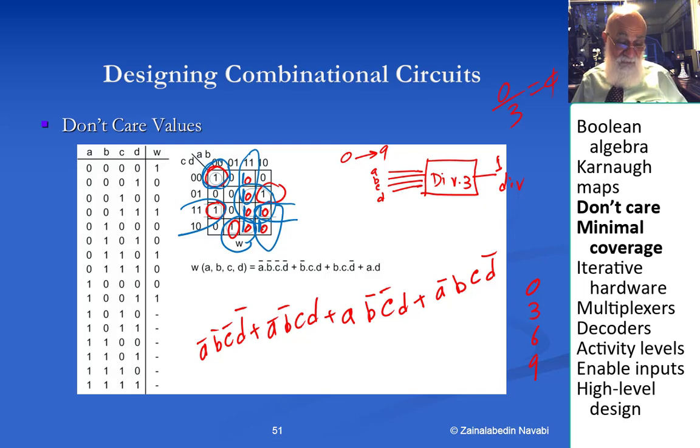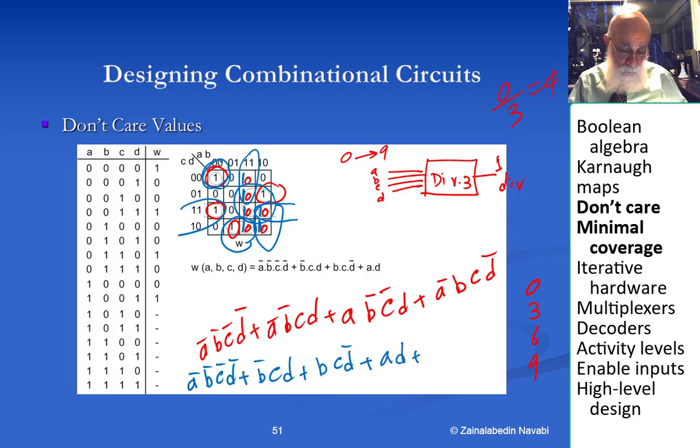If I want to write everything, that becomes A bar, B bar, C bar, D bar, ORed with B bar, C, D, ORed with B, C, D bar, ORed with A, D, ORed with A, B bar, C. Well, the problem with this is, true, this one here helped me with enlarging my circle, so I dropped the variable.